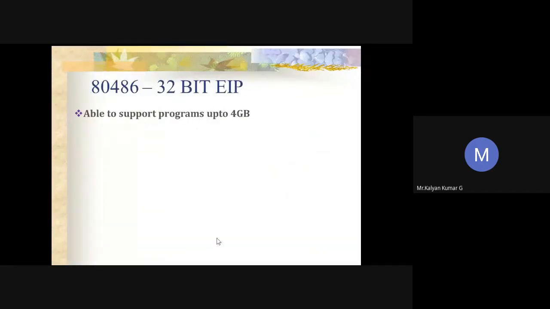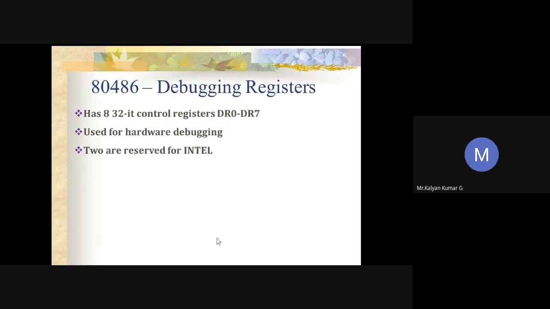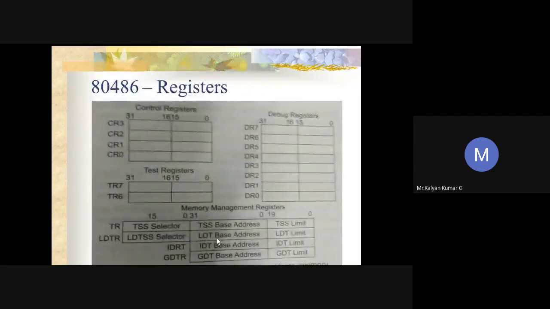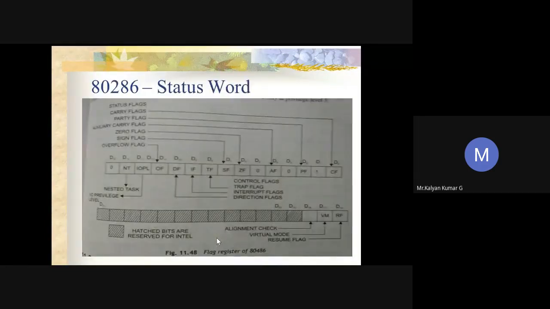The only thing that you have to notice here: the only difference in the register set, I repeat, is that all the registers available in 80386 are available in 80486.